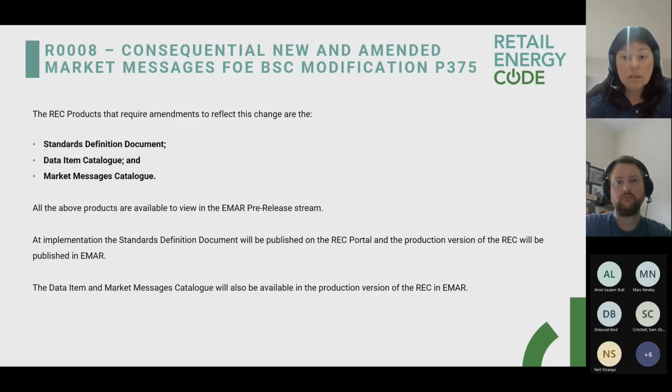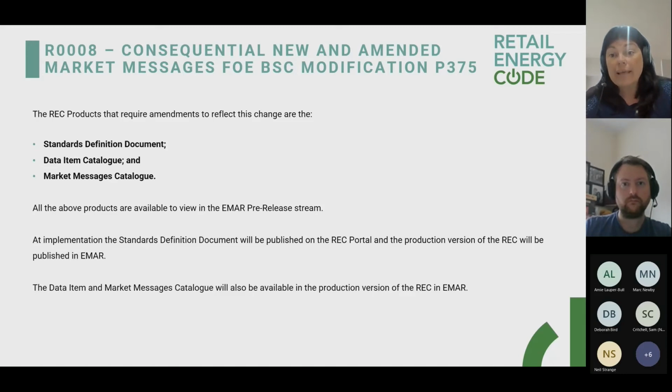Changes to REC products that will be implemented from the 30th of June are the standards definition document, the data item catalogue and the market messages catalogue. All of those items will be available on EMAR in digital format, and there will be a non-digital version of the standards definition document on the REC portal.